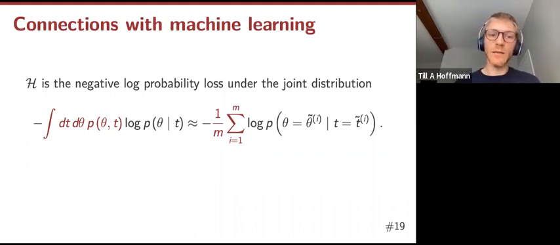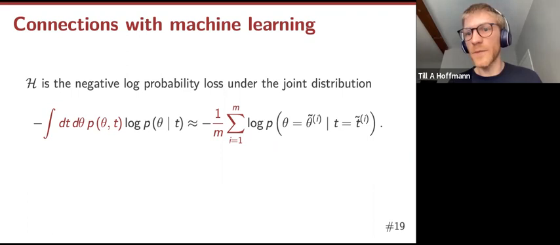So we're replacing the whole integral by just a sum over the sample that we've drawn. Now, what this means is that we can just use minibatch gradient descent to optimize this posterior or the function of summary statistics that we're interested in.